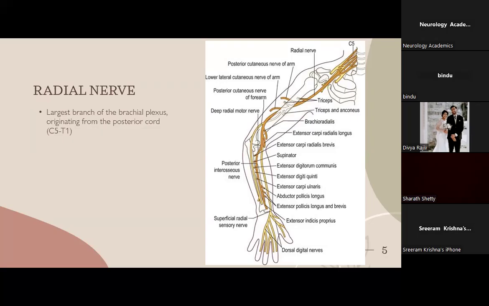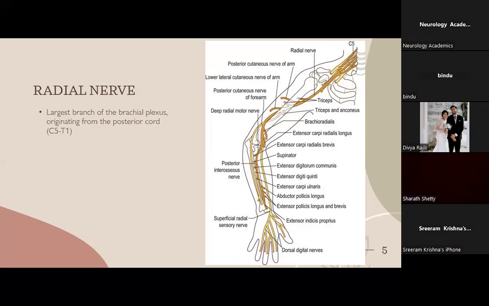And after that, it gives branches to brachioradialis at the elbow. It passes between brachialis and brachioradialis and gives muscular branches to brachioradialis and extensor carpi radialis longus. And it divides into deep motor branch and superficial radial branch, which is sensory.